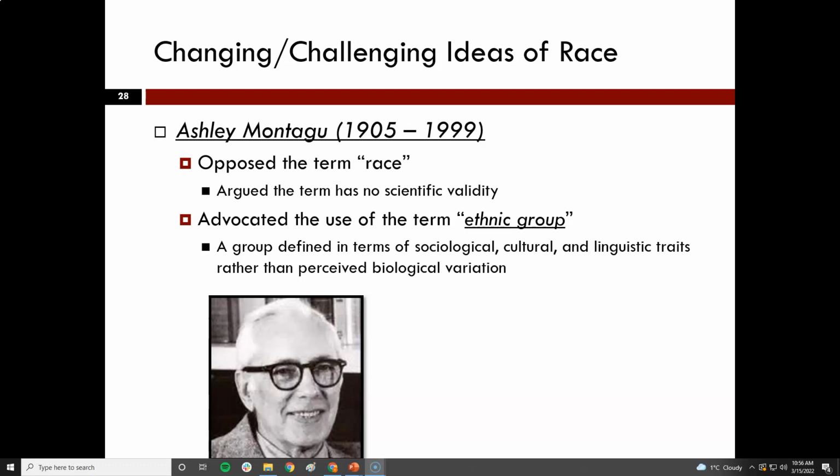So political organization, economic organization, religious practice, worldview, the languages, etc. And the reason I'm focusing on Montagu, who is not the only anthropologist who was arguing for this at this time, is that he played a significant role in combating this idea of race as being biological in notion. His work has had a large impact on how we view race today, and he actually had a hand in coming up with the United Nations Statement on Race in the 1950s, and in developing the American Anthropological Association Statement on Race as well.